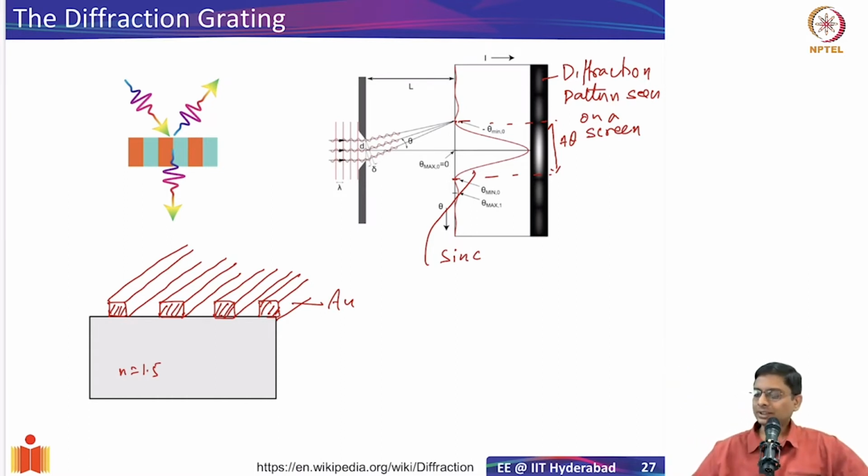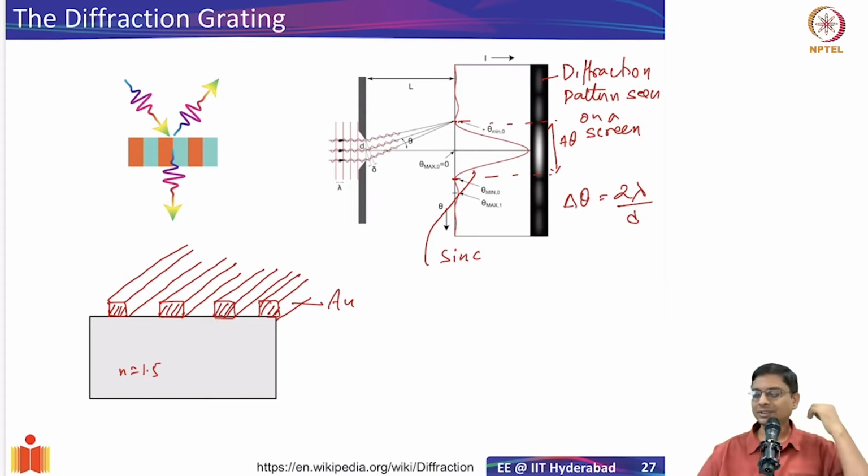And it turns out that the width of the central lobe, delta theta, is equal to 2 lambda by d. What this tells us is that, if I have my wavelength to be 500 nanometers, and the slit width to be, let's say, 2 millimeters, then my delta theta is going to be very, very small.